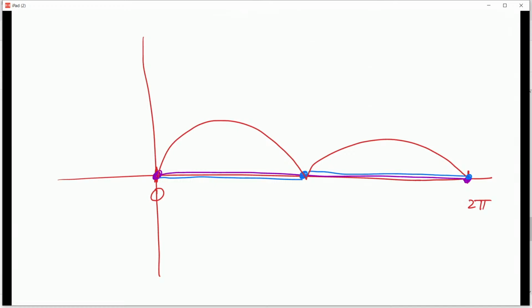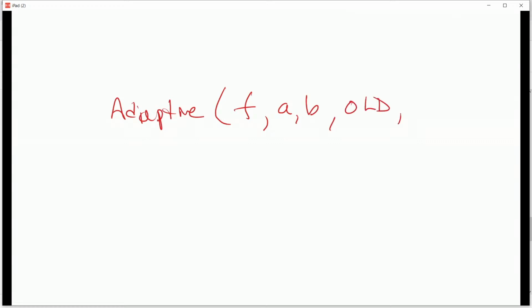So in the adaptive approach, it increases the subdivisions automatically. That's the idea. You've got your adaptive function, and you put in your function, your a, your b, an old estimate, and a tolerance. So this is the input.